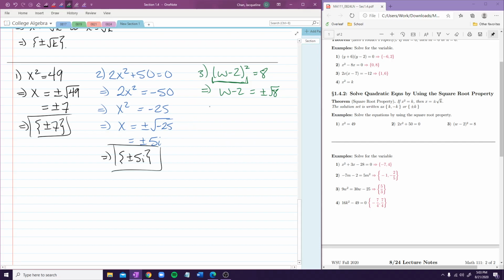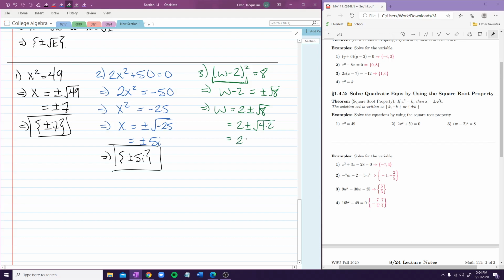So let's continue. I want to get w by itself, so I'm going to add 2 to both sides. Then I will get 2 plus or minus the square root of 8. Before we're done, I need to see if I can simplify the 8, and we can. 8 can be rewritten as 4 times 2.